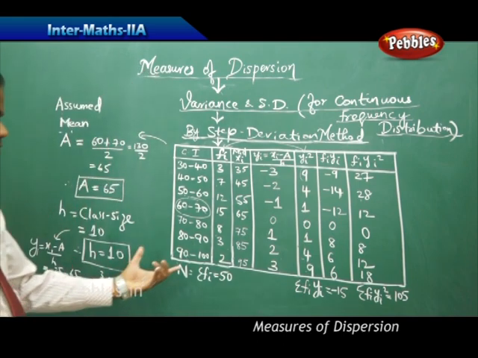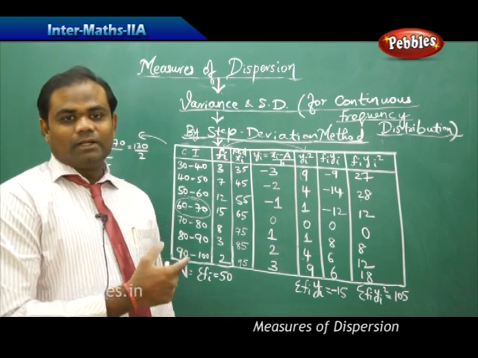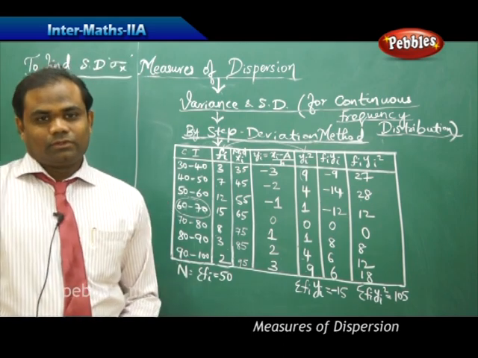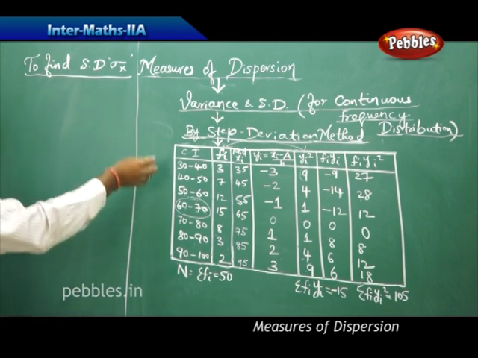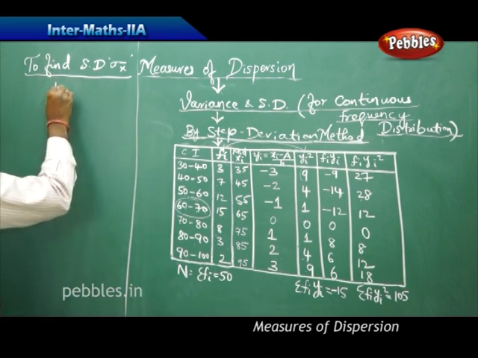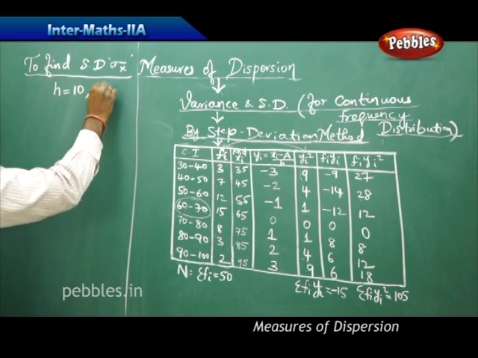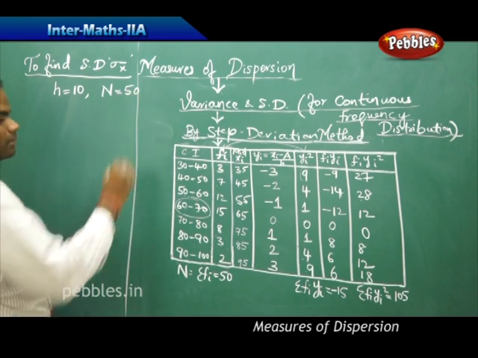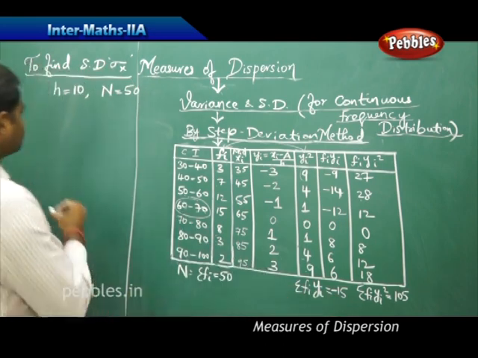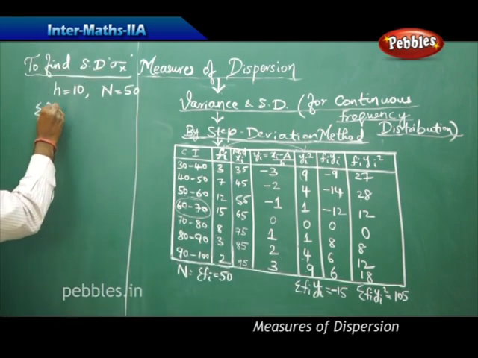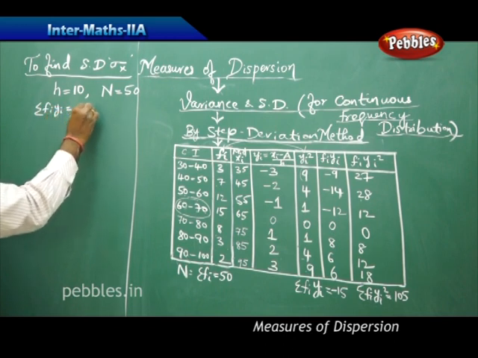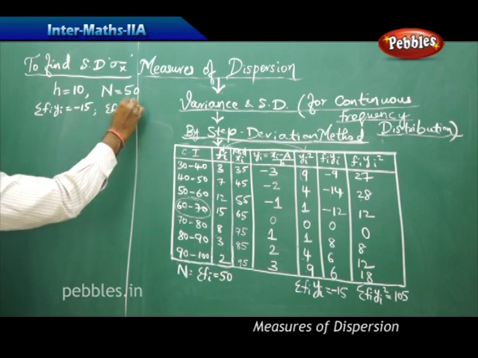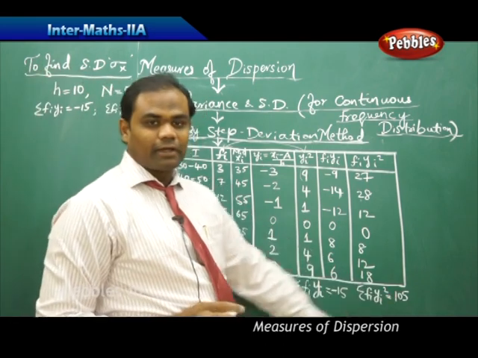So with each of these obtained, let's use the formula to find the standard deviation of the given problem. Using all the values obtained here, the class size h, which is 10, the value of n, which is 50, sigma fi yi, which is negative 15 from the table, and sigma fi yi square, which is 105.